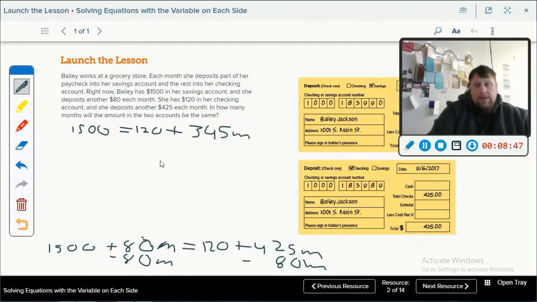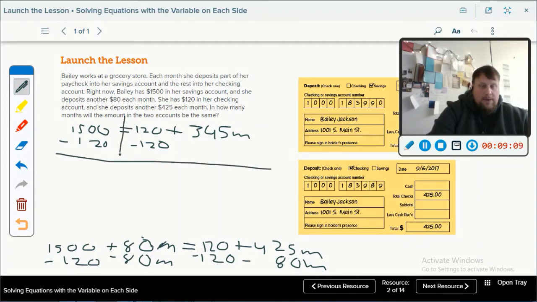Now, I still am on that step because I've got the variables on the right, but I need to get the numbers on the left. So I'm going to subtract 120 from both sides. Now, could I have done this in one step, like going down here and just doing minus 120? Absolutely. And if you're okay doing that, feel free. I just wanted to show this step by step for all involved.